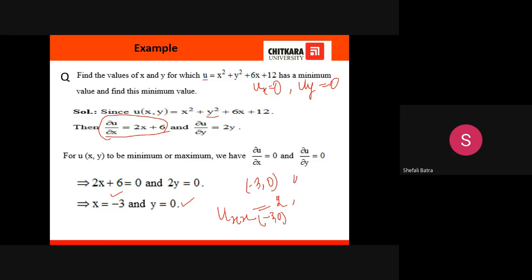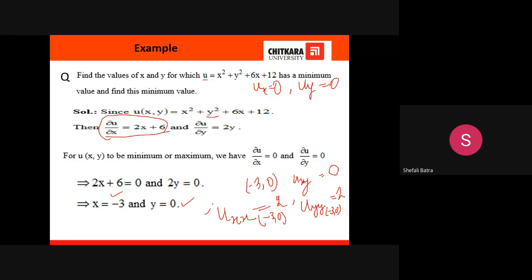Similarly, next, UXY. What would it be? 0. Ux is already there and you will differentiate it with respect to y. Everything is constant, so the value would be 0. Next, UYY. 2. So UYY at point minus 3 comma 0 would remain as it is, 2. Right? Because there is no x, no y.